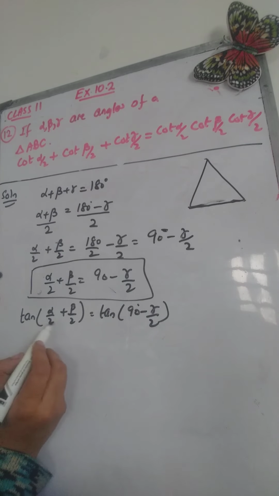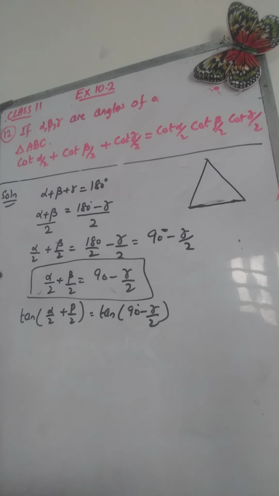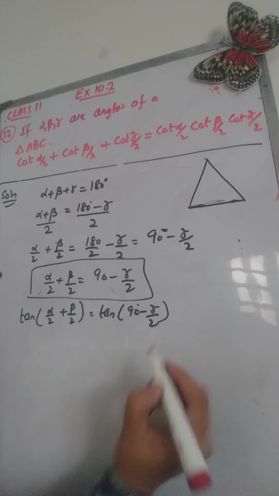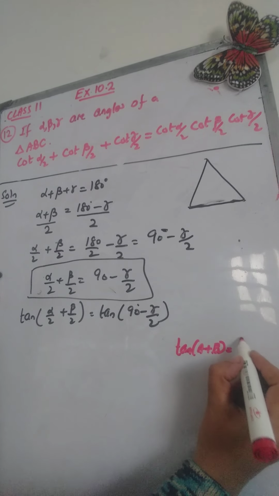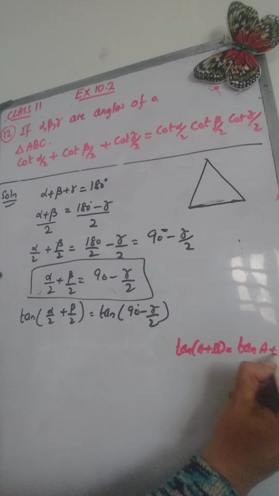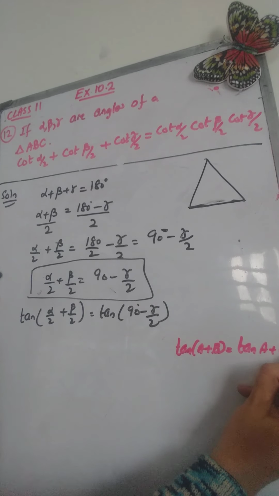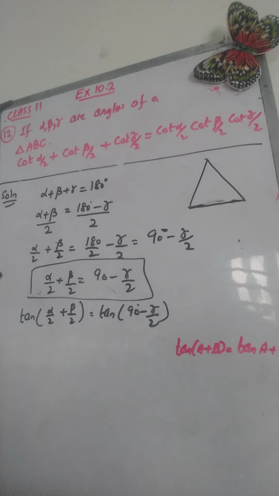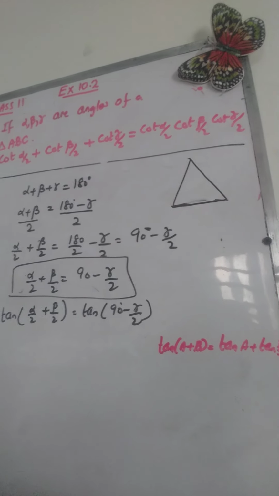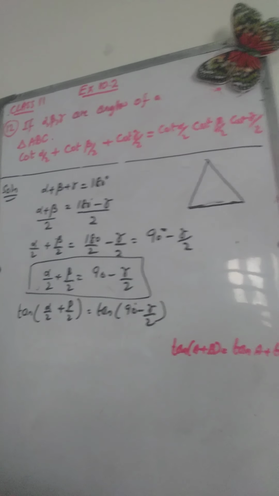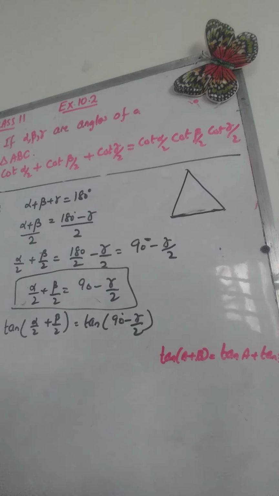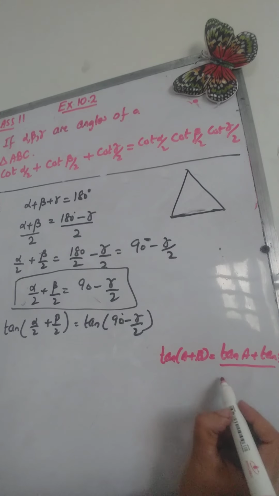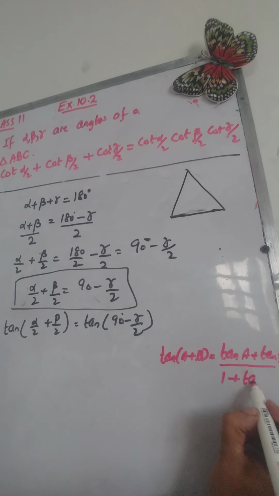Now tangent of alpha by 2 plus beta by 2. I'm going to apply the identity tangent a plus b, which is equal to tangent a plus tangent b over 1 minus tangent a into tangent b.